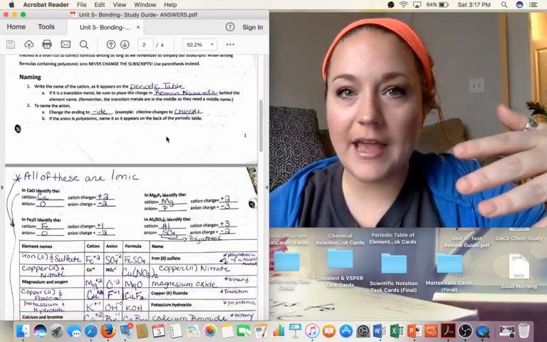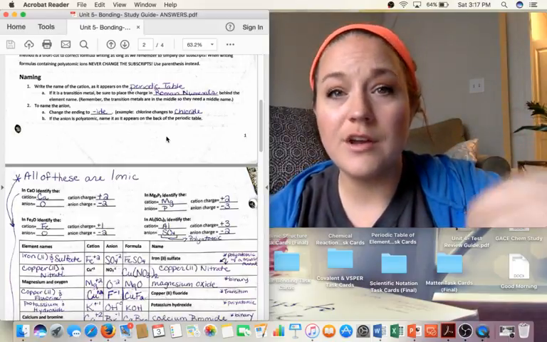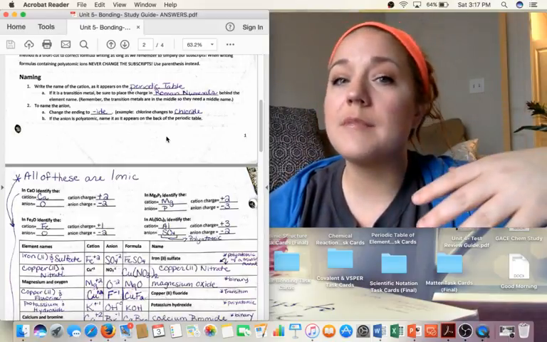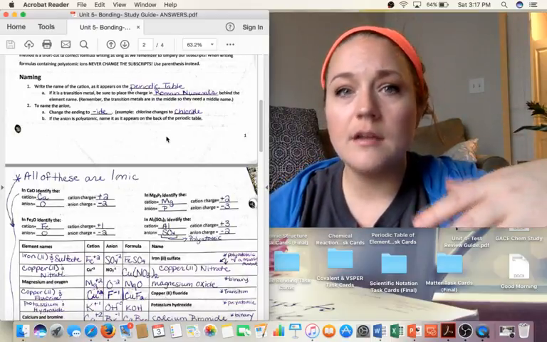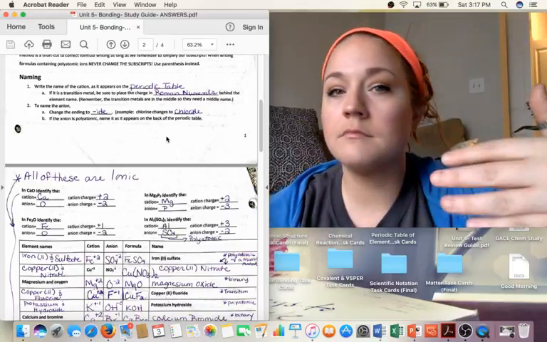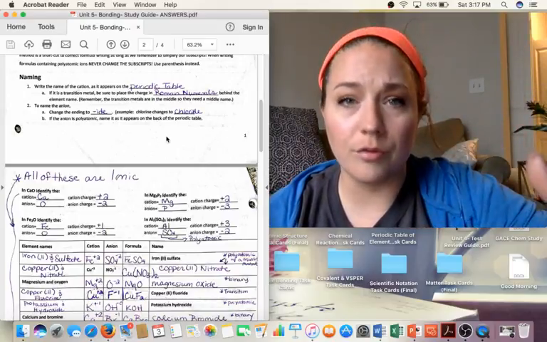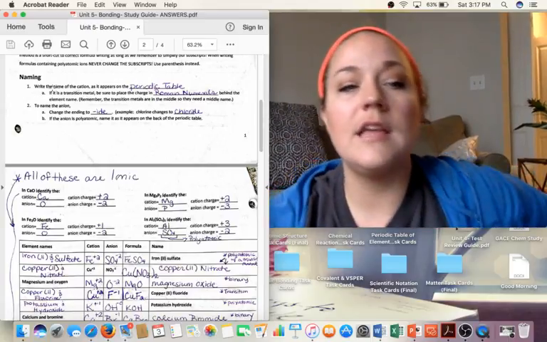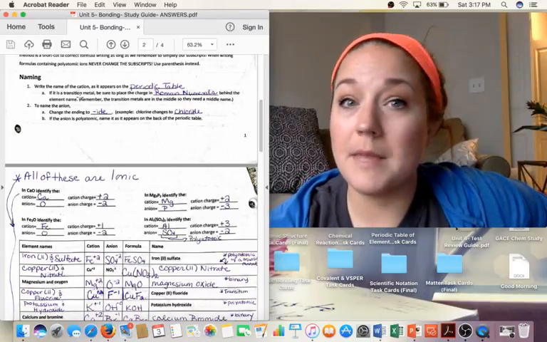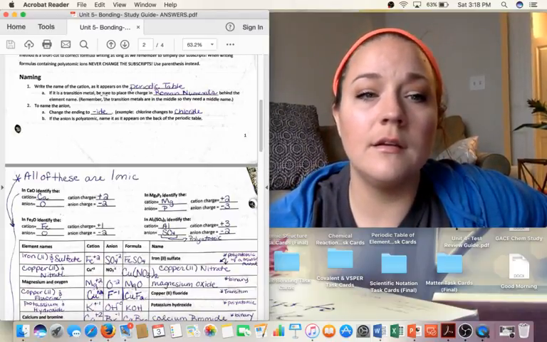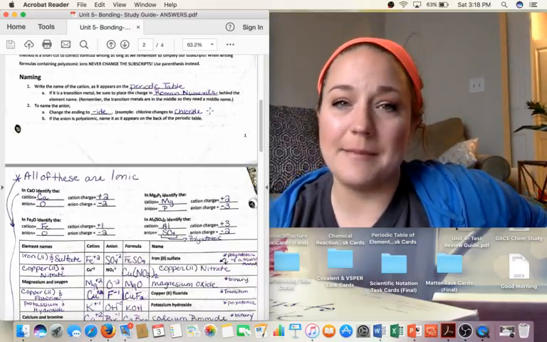When you have a transition metal, remember that transition metals are special. They like to transition. So some of them may have a greater amount of electrons, may not. For example, iron. You can have iron 1, iron 2, iron 3. So if it is a transition metal, make sure you have written the Roman numerals behind the element name.